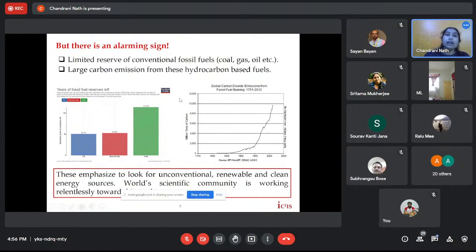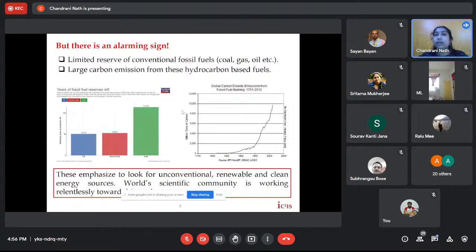Why? Because of the limited reserve of conventional fossil fuels. As we can see from this curve, the remaining fossil fuel reserves can only sustain another 50 years. So our future generation is in real danger.